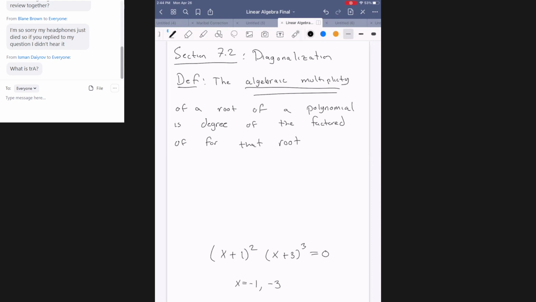But here the degree is 2, so we say that this thing has multiplicity 2. Here the degree is 3, so this thing has multiplicity 3. That's all that means, okay? So that's the algebraic multiplicity of a polynomial. Factor it, look at the degree that thing has. That's the multiplicity.